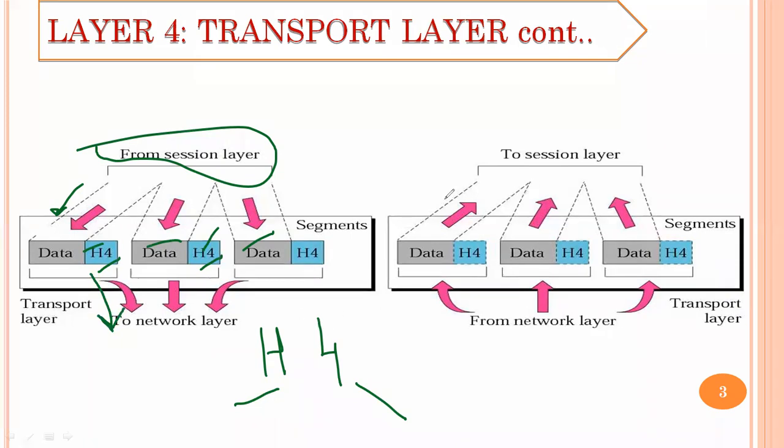Similarly, this is the sender side, and this side we have the receiver, and from the network layer the data is sent to the transport layer. Segments are received and sequenced as per the sequence numbers assigned by the sender at the transport layer.